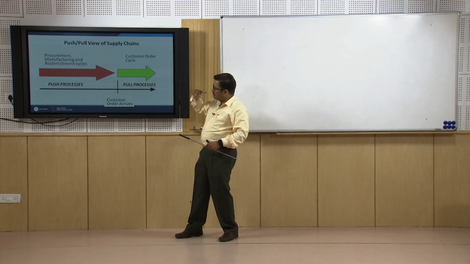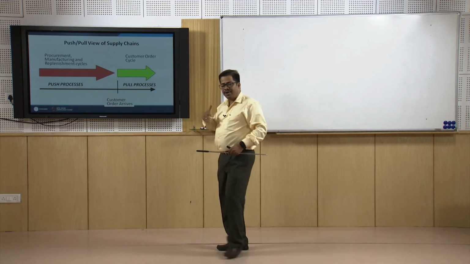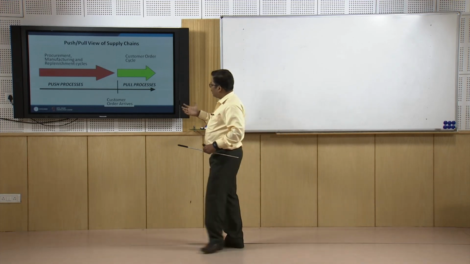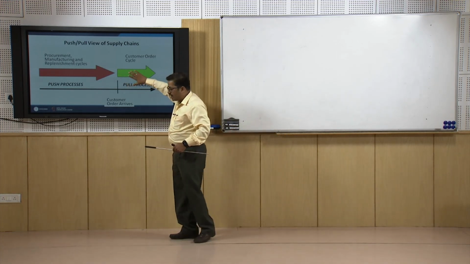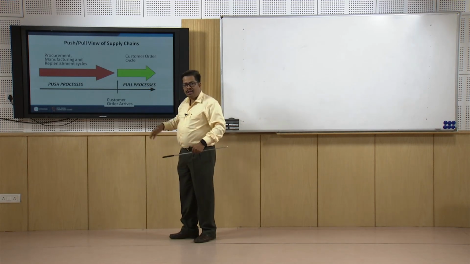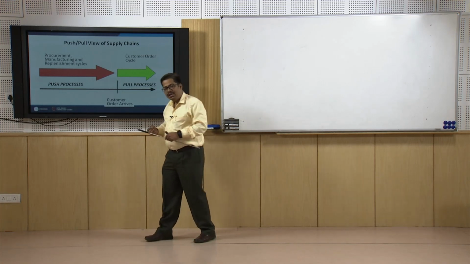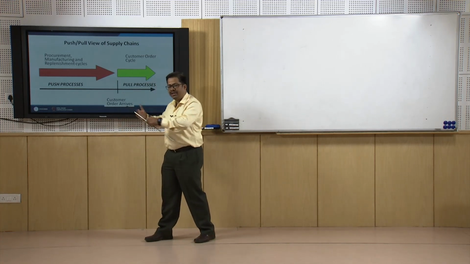So now the takeaway of this push and pull for a supply chain manager is that processes which are happening as a result of pull are all reactive, because demand is there, therefore the supply chain is trying to fulfill the demand.